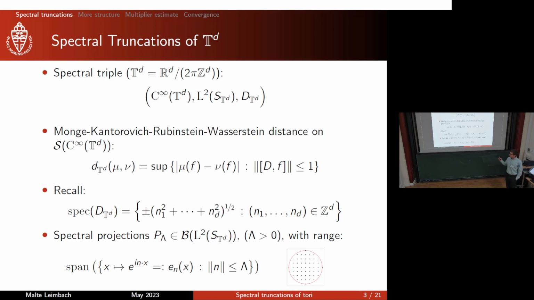So what we do is we project to the finite dimensional Hilbert subspace spanned by all the eigenfunctions associated to eigenvalues of absolute value at most lambda, which means that for each of these lattice points in the ball of radius lambda, we get one eigenfunction. So the dimension of the space we project to is going to be the number of lattice points in this ball of radius lambda. So maybe not too great, but that's just what we have to do to have an honest spectral projection.